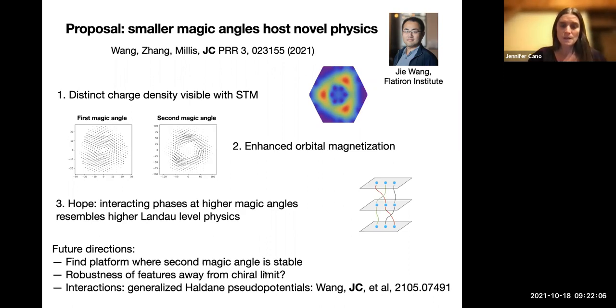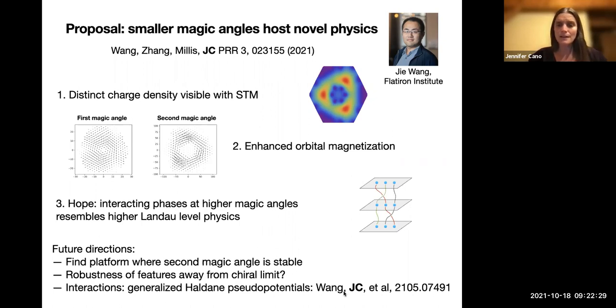And then, of course, the other thing that we want to look at is how to extend these observations of charge density and orbital magnetization away from the chiral limit. So far, we've just been looking at this special chiral model, but we'd like to say whether or not we expect these features to be visible in graphene beyond this chiral model.